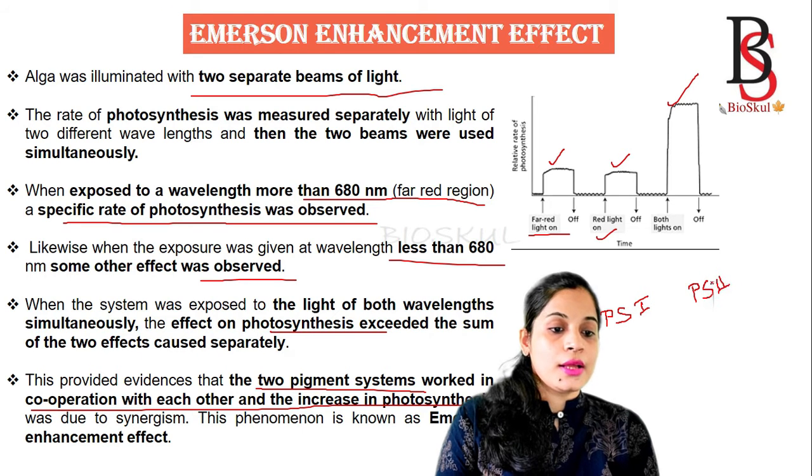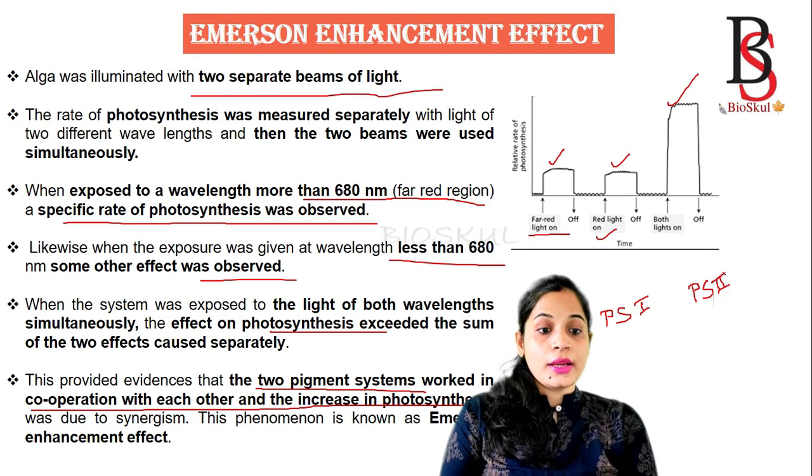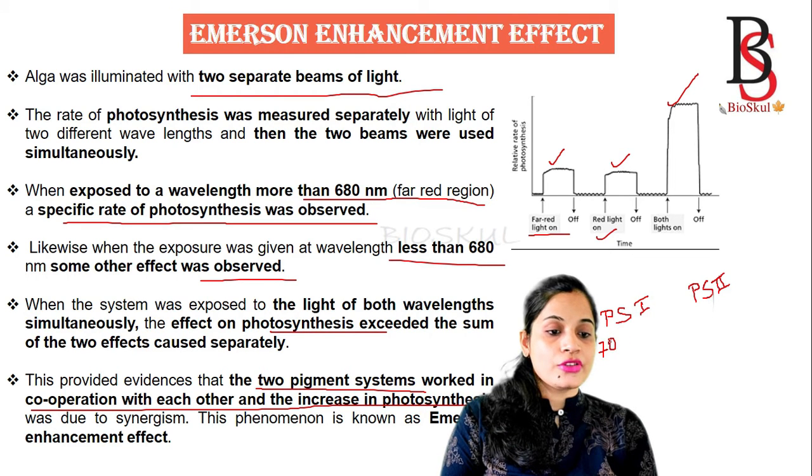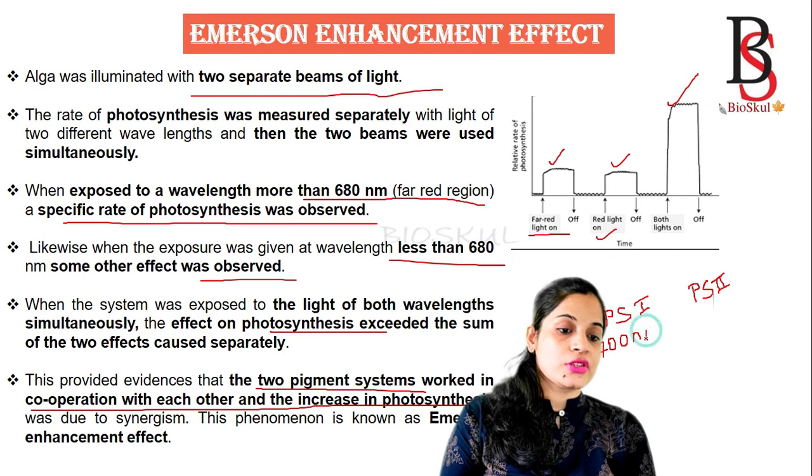Photosystem 1 works in the longer wavelength, and its reaction center is 700 nanometer, whereas in photosystem 2 the reaction center is 680 nanometer.